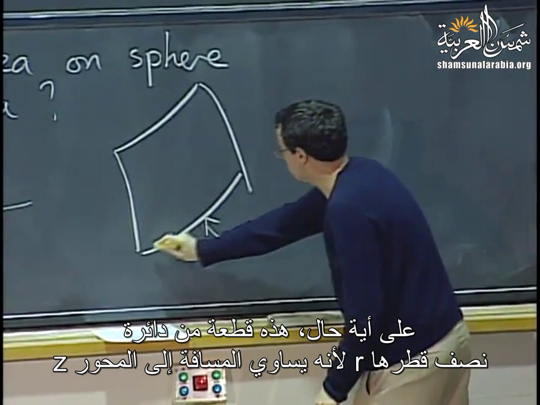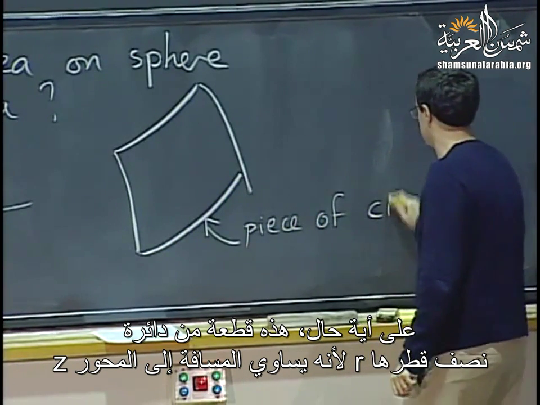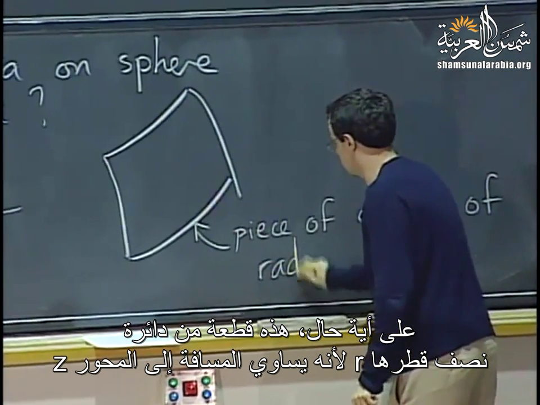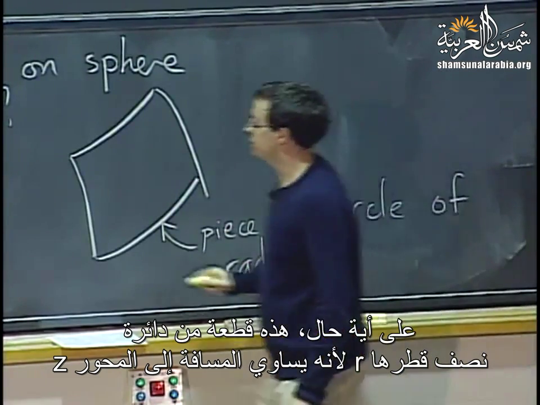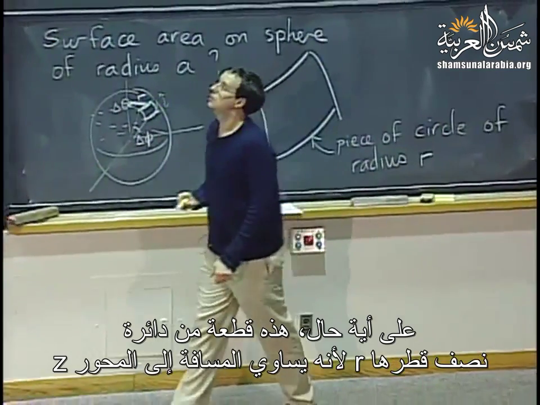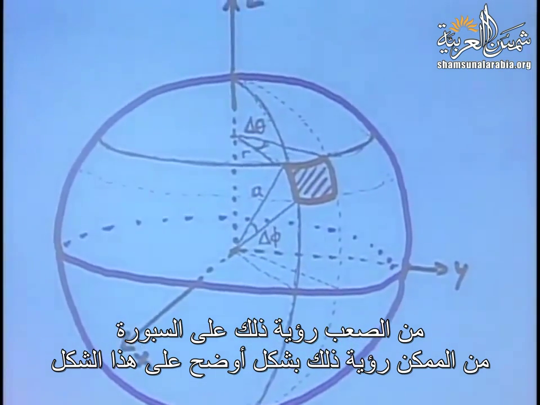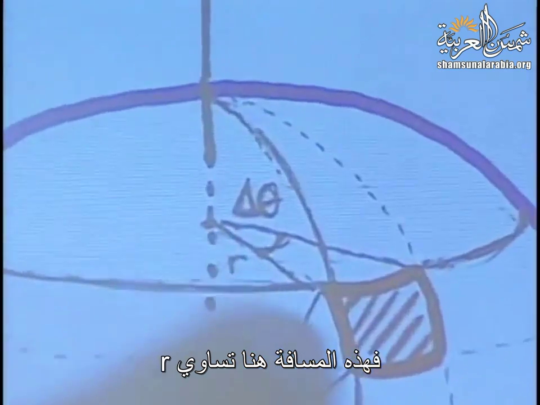Anyway, this is a piece of a circle of radius, well, the radius is what I would call r, because that's the distance from the z-axis. Okay, that's actually pretty hard to see now. So if you can see it better on this one, this length here is r.